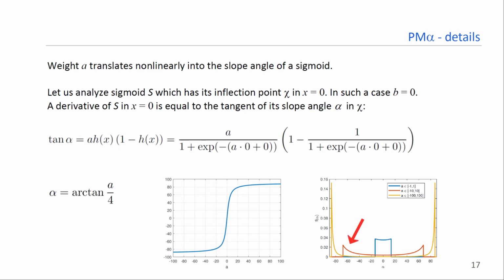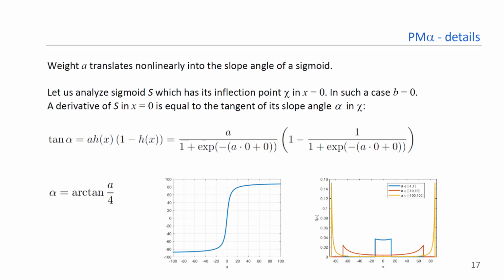For A from the interval -10, 10, we obtain alpha from the interval -68, 68, and for A from -100, 100, we obtain alpha from the interval -87, 87.